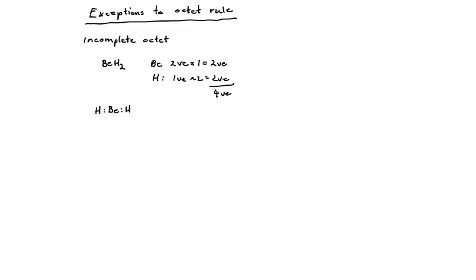The second possibility is to have what's called an expanded octet. We see this mostly when we're dealing with elements in the 3rd row and down, because this is only possible in cases where you have access to d orbitals.